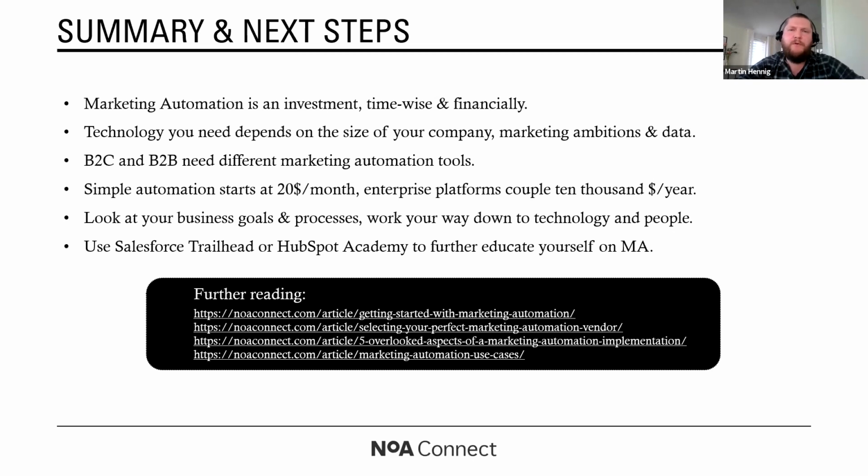If we're going into more enterprise platforms, we're probably talking a couple of $1,000s a year. Depending on our business, we would probably have to look at different tools if we're in B2B and B2C. And the technology that we're using will also depend on the size of our company, our ambitions, and our data.